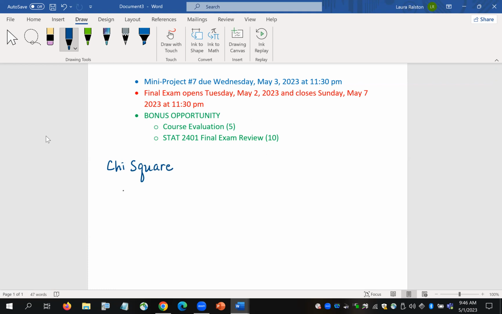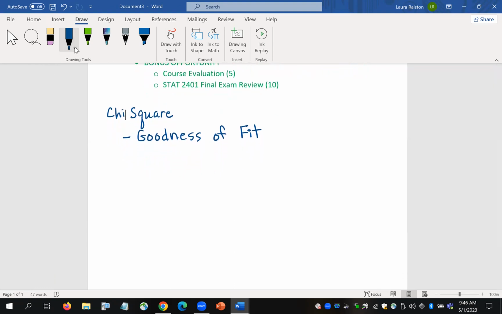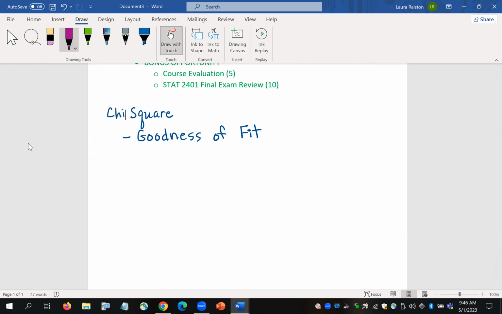The three that we are focusing on are goodness of fit, test of independence, and test of homogeneity, and I'll list those out in a minute. When you're looking at these problems, you have to recognize, oh, I need to use goodness of fit, or test of independence, or test of homogeneity.